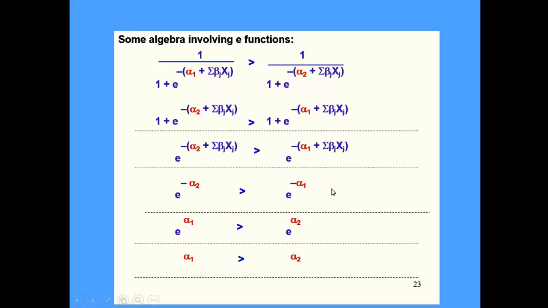That's just algebra, okay? And if e to the minus something is greater than e to the minus that, this is like 1 over e to the alpha sub 2, and that's 1 over e to the alpha sub 1, and I could rewrite that and say, well, then e to the alpha sub 1 has to be greater than e to the alpha sub 2, and therefore alpha 1 has to be greater than alpha 2. Big deal, okay?